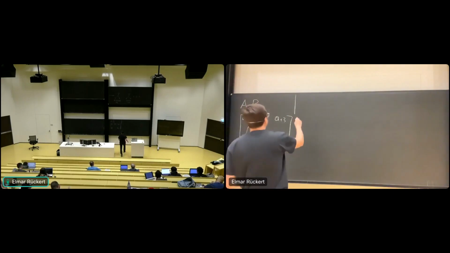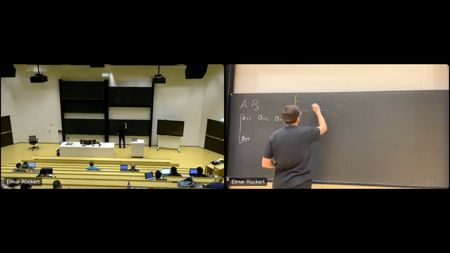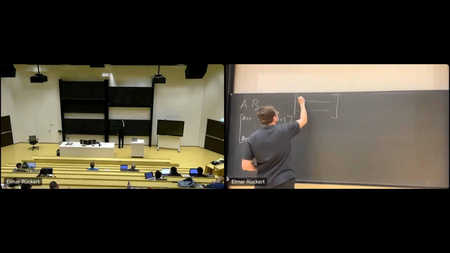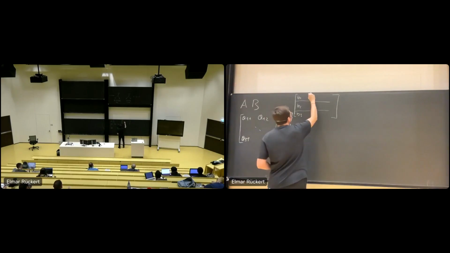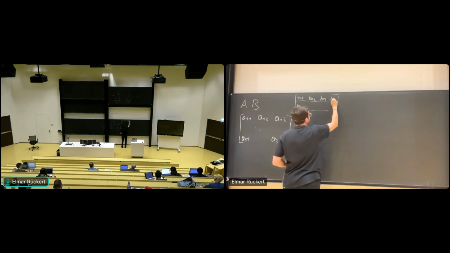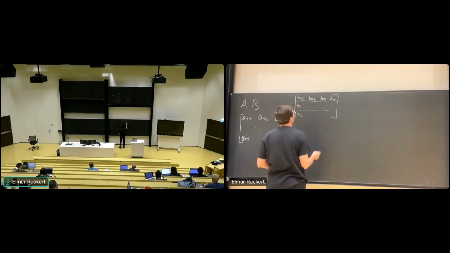So 3 rows, whatever number of columns. B11, B12, B13, B14, whatever. That could continue, and so on.